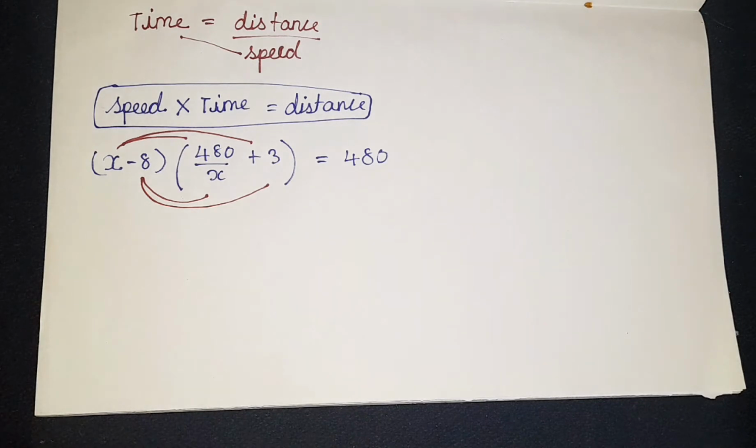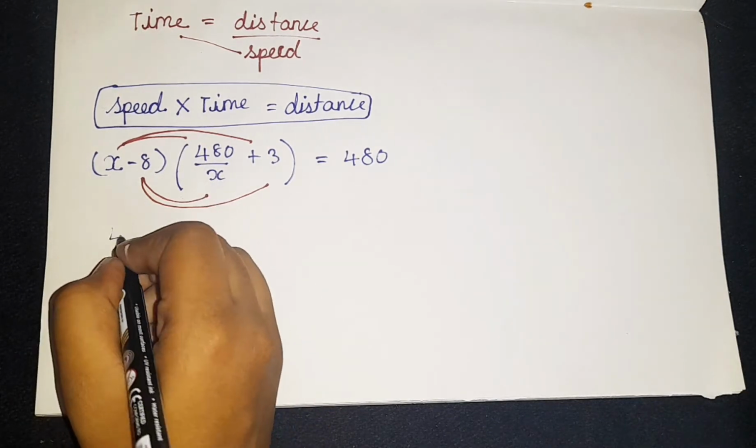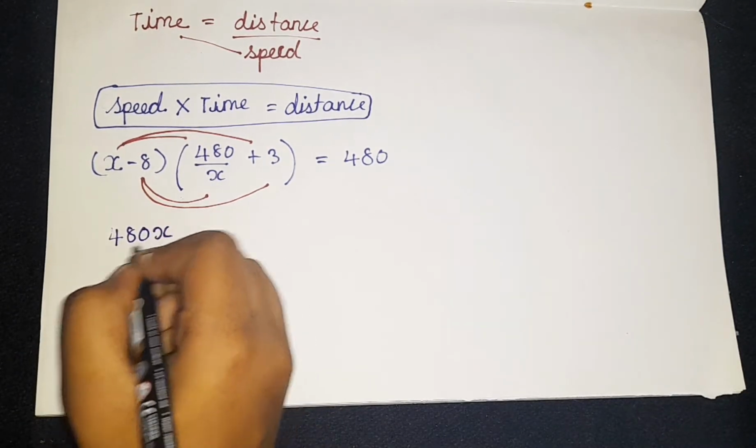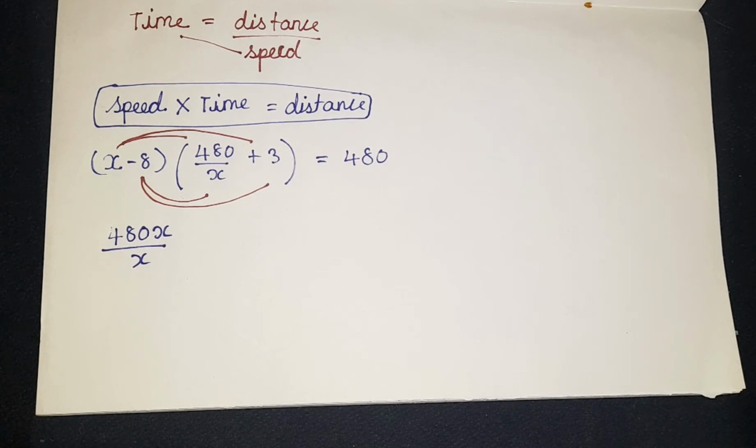So now let us multiply them. x into 480 by x is 480x divided by x. Don't get confused in this, it is really easy.